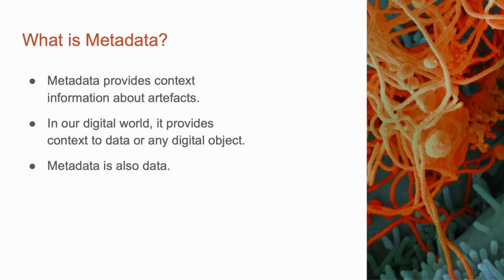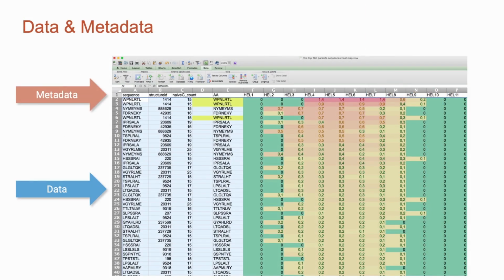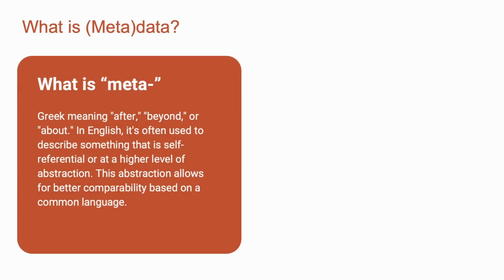With digital events, the line between metadata and data easily becomes blurred. In this table, the column headers are the metadata, whereas the rows below contain the data. Often these headers are abbreviated and not easily understood. So let's look more closely at the word metadata.